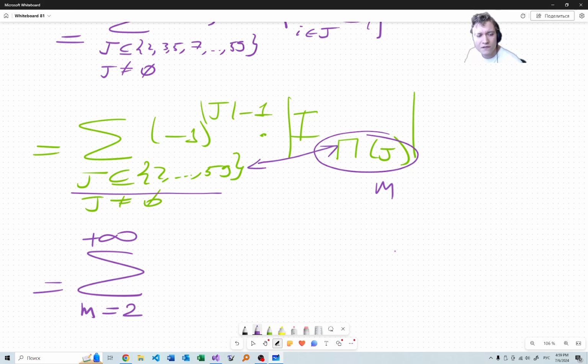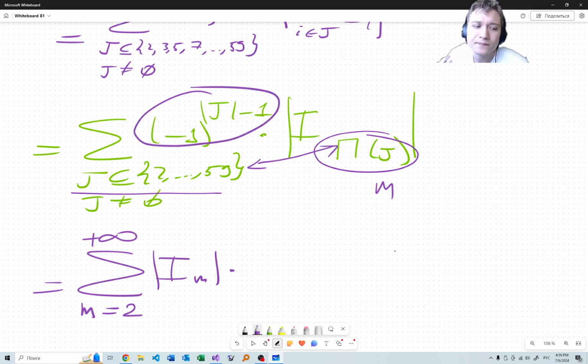So first of all, we have Im. Also, we need to multiply it by this thing. What is this? If m has at least two occurrences of the same prime, then we need to ignore this number m, because here we cannot take 2 three times. We can only take it 0 times or 1 times.